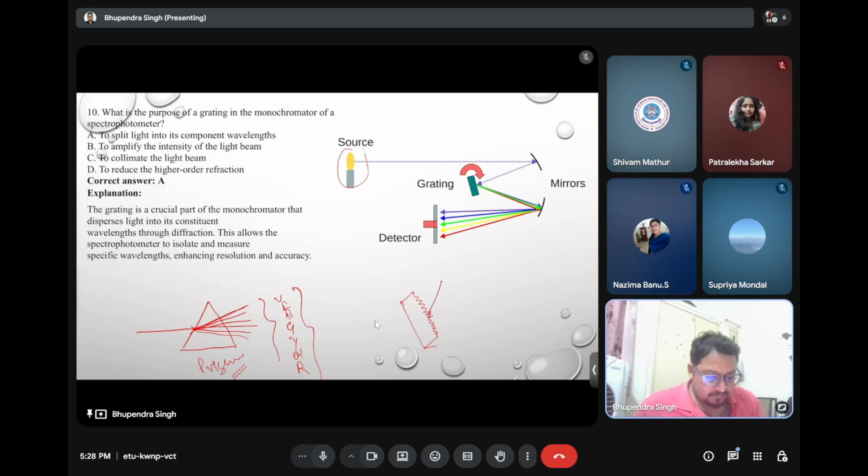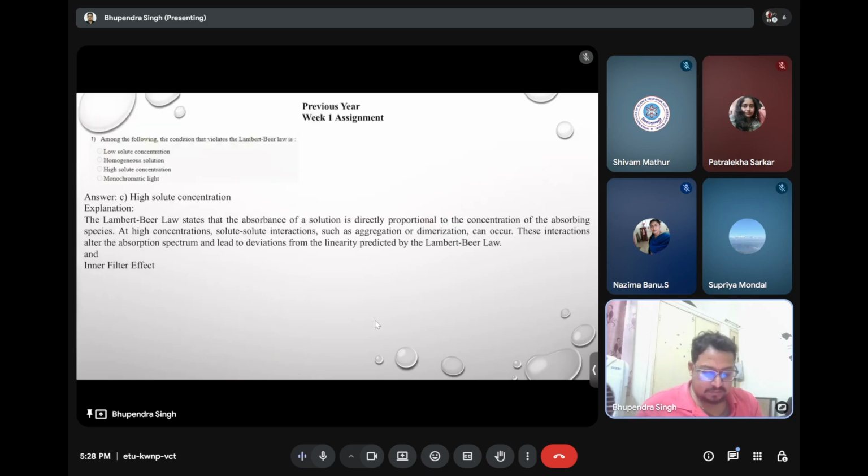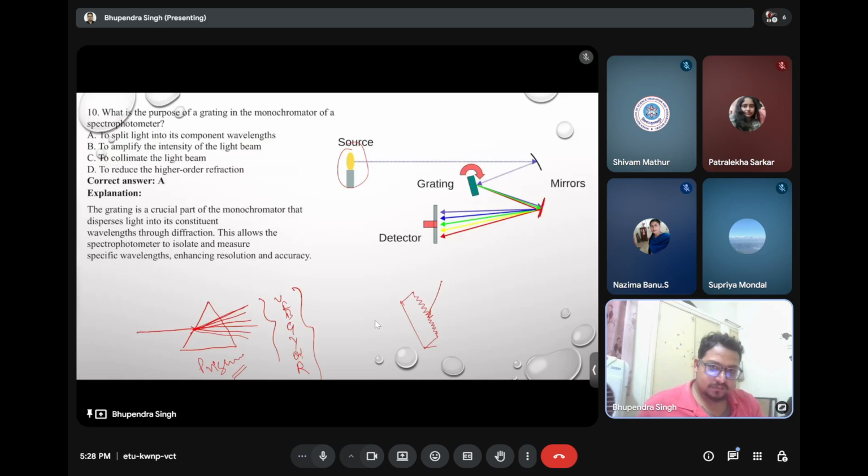After the grating, the light hits this mirror and goes to the detector. Here we have a pinhole in the detector. What does this pinhole mean?